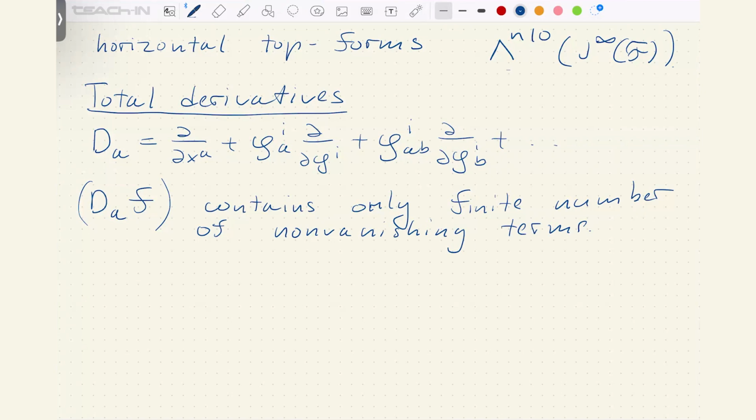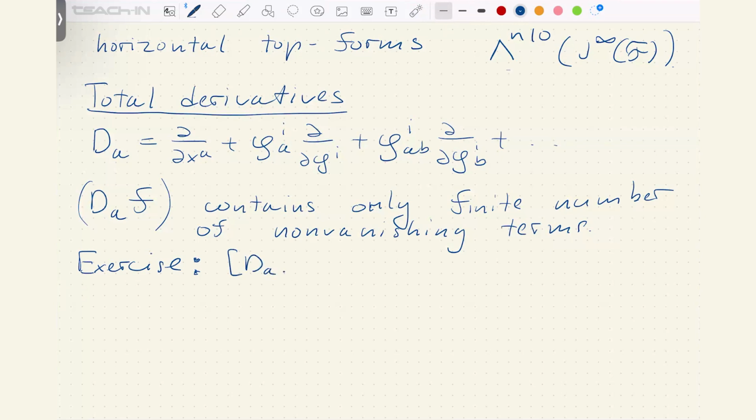So at a certain step, you see each next term here takes the derivative with respect to next level coordinates, which corresponds to higher derivatives. And hence, at some stage, you hit zero. So only a finite number of terms are non-vanishing in this expression. And a simple exercise, it's not really for exam.